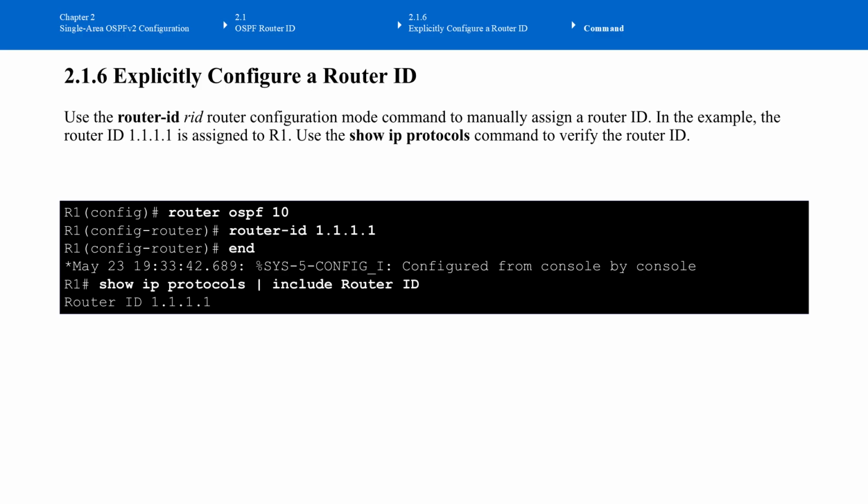Over here, we give the RID. So use the command router-id and then put a space followed by the ID. That is 1.1.1.1 and then end this configuration mode. Use show IP protocols with the option include router ID. You can verify this configuration.